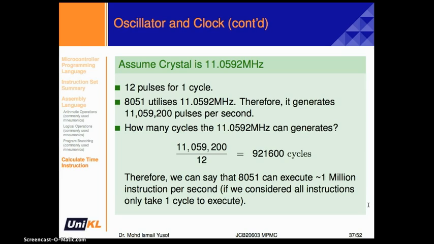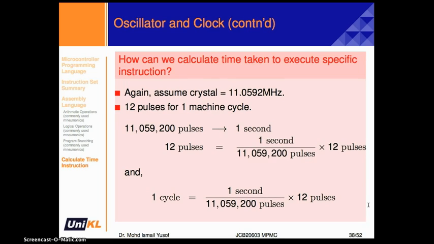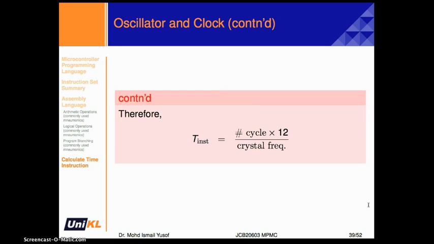For 12 pulses, we divide by 11,059,200 pulses, and this is equivalent to 1 cycle, because 12 pulses is equivalent to 1 cycle. Therefore we get T instruction.